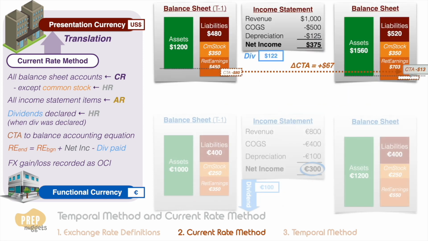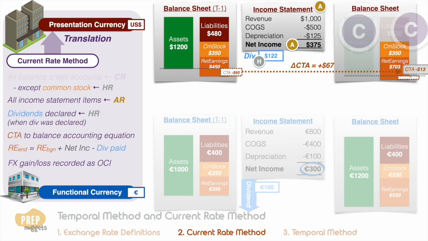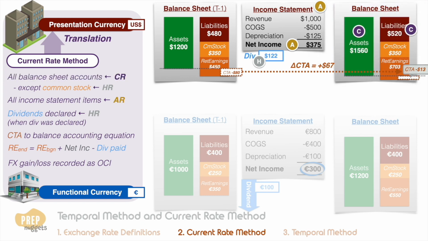To summarise, under the current rate method, all items on the income statement are translated using the average rate. Consequently, net income is also translated at average rate. Dividends paid in the period are translated at the rate on the declaration date. On the balance sheet, all assets and liabilities are translated at the current rate. Equity on the whole is also translated at current rate to balance the accounting equation.